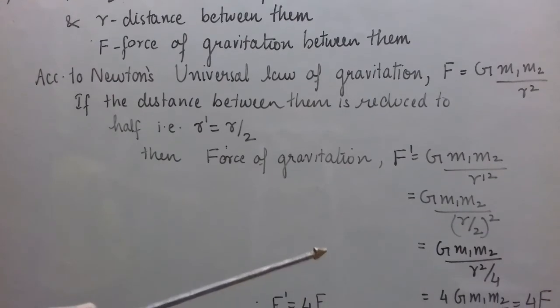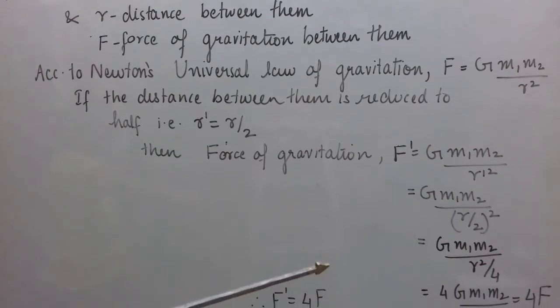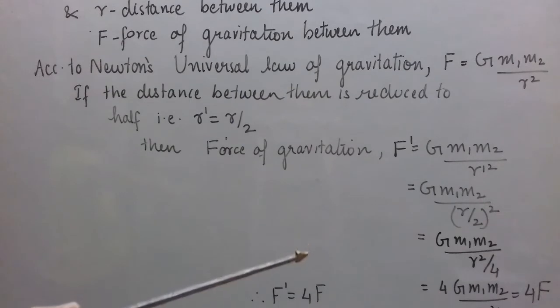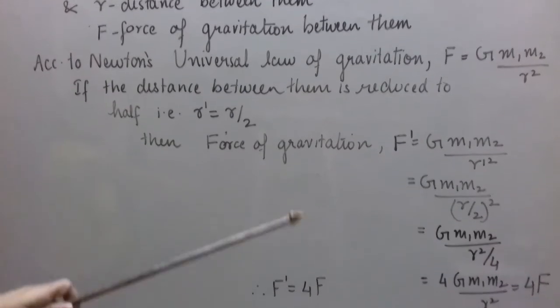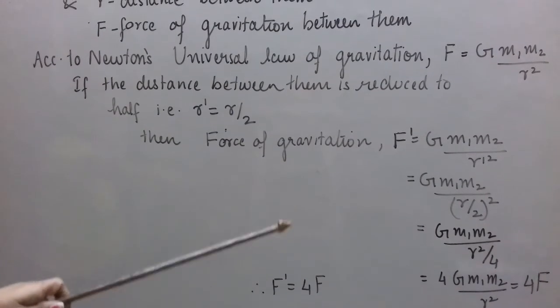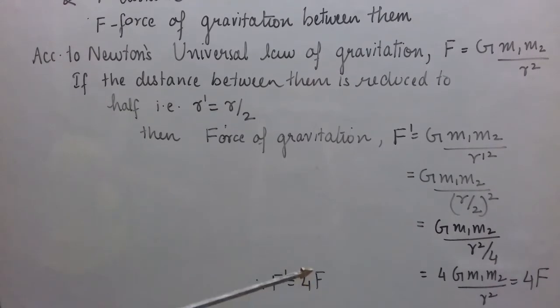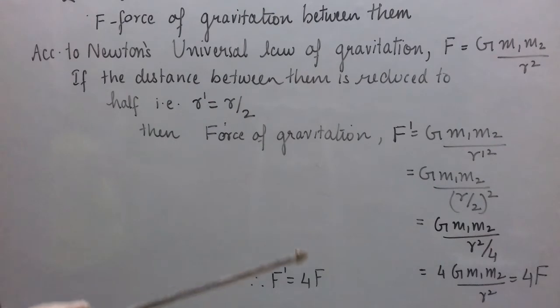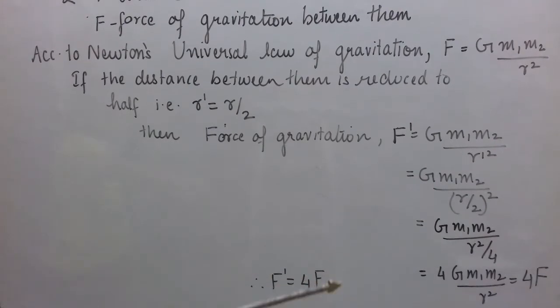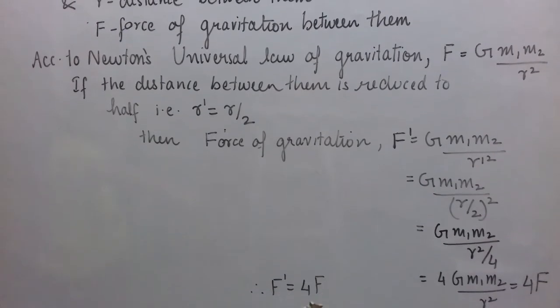And it is G m1 m2 divided by r square by 4. It means G m1 m2 over r square into 4, or G m1 m2 into 4 by r square. So you can write it like this: F dash is equal to 4 into G m1 m2 over r square.